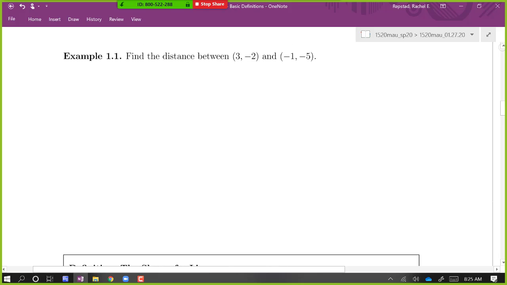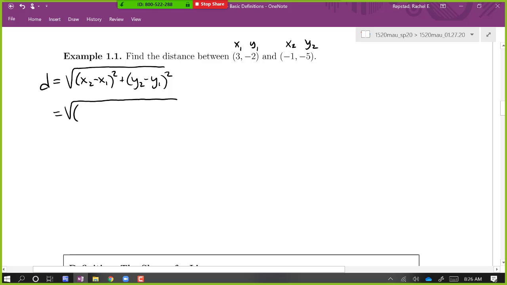So in this example, they just want us to find the distance between these 2 points. The first thing I'm going to do is write down that distance formula. One of these points has to be my x1, y1, and one has to be my x2, y2. It really doesn't matter which is which; I just label them so that I keep them straight. I'll take the first one as x1, y1, the second one as x2, y2, and now we can plug stuff in.